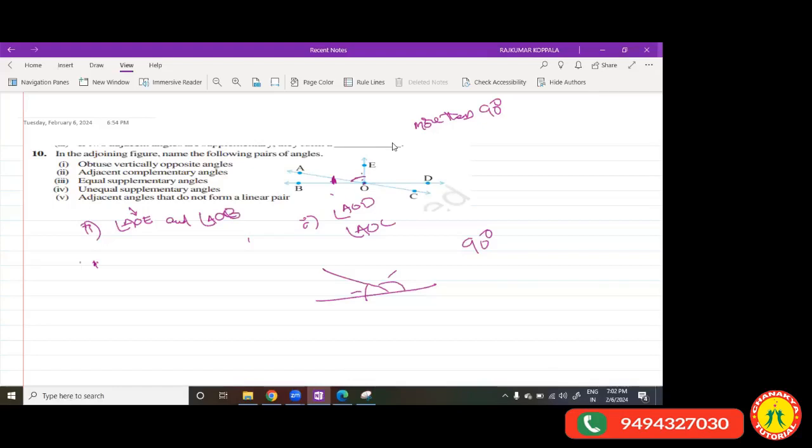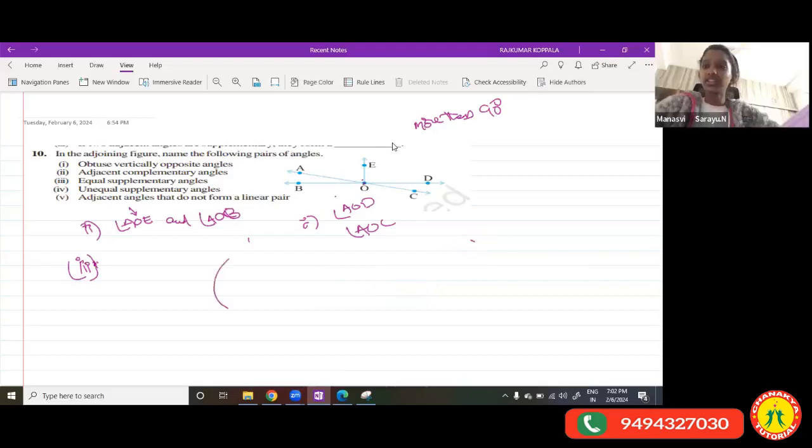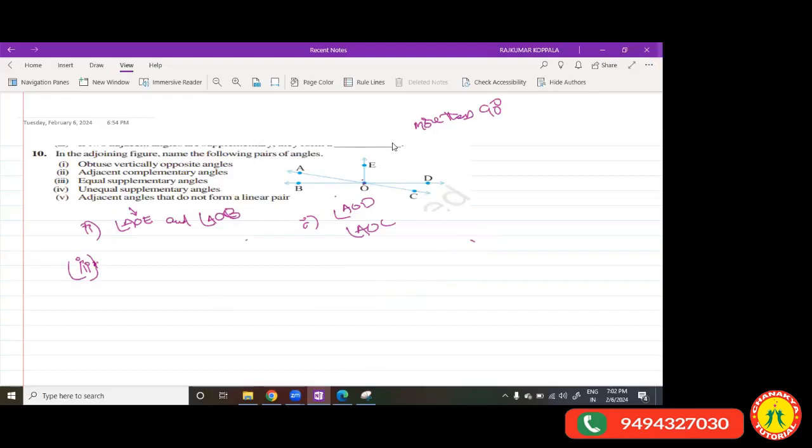Okay? Third one, equal supplementary angles. Means the sum should be, now cursor is not showing. Sir, suddenly it's moving and then it's stopping. Okay. Supplementary angles means two angles whose sum should be 180 degrees. Tell me what are the supplementary angles? Two equal. That should be equal, means 90 plus 90.